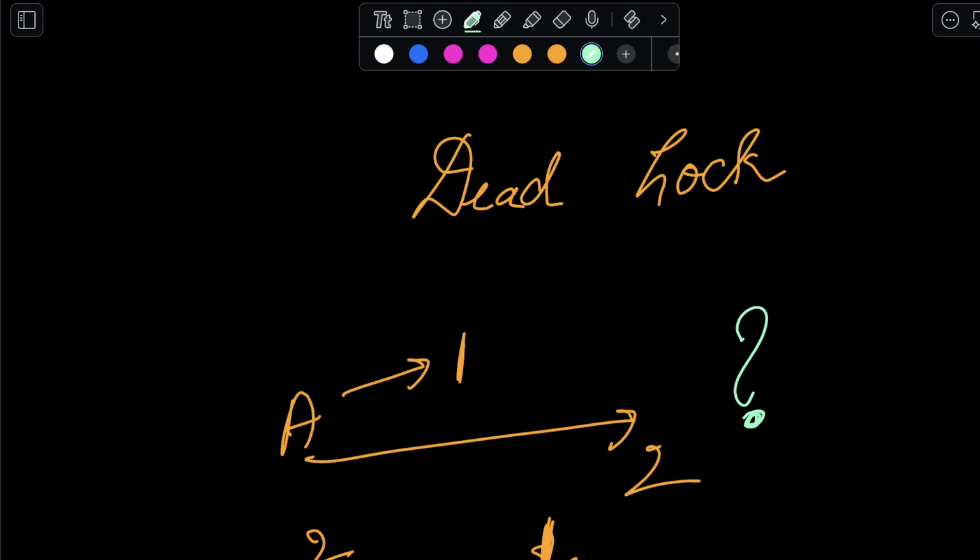Also, when we are sharing resources between two processes, I see what he's trying to say. We can have deadlock and the critical section problem.